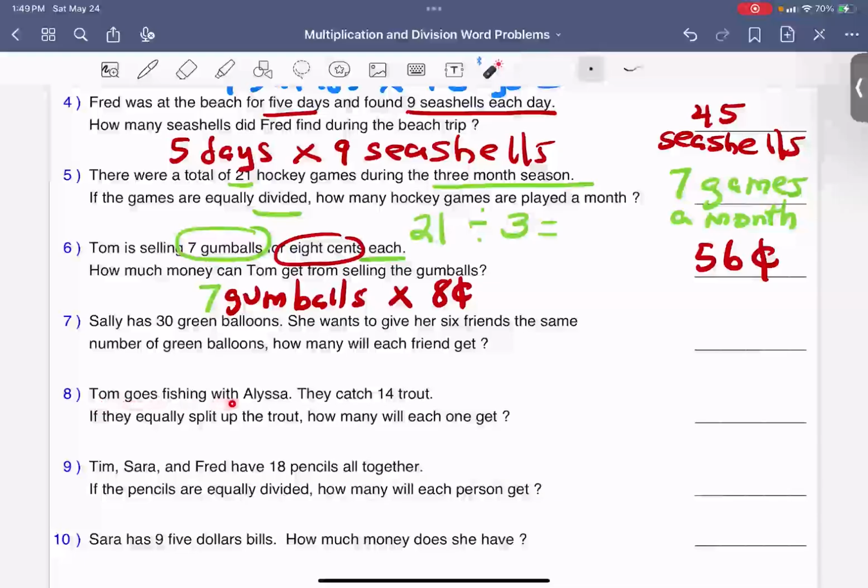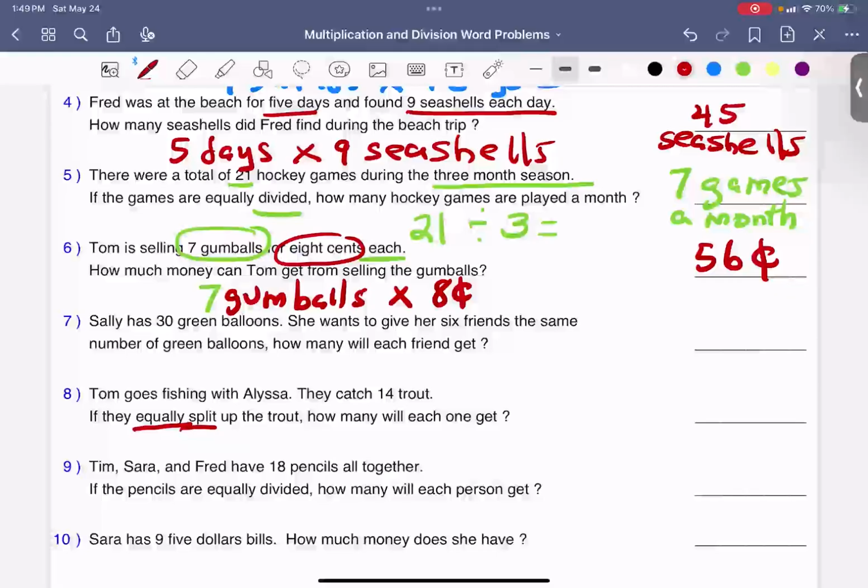Tom goes fishing with Alyssa. They catch 14 trout. If they equally split up the trout, how many will each one get? So, what is a word in this problem that tells us what operation we'd have to use? The word equally.